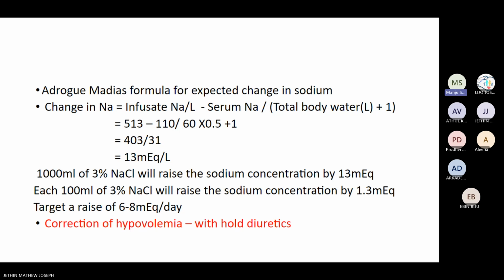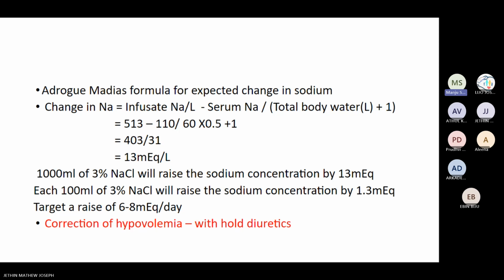We said she's dehydrated, so definitely we have to correct her hypovolemia. But this is again considering the fact that this is an elderly female with a history of coronary artery disease. So it doesn't mean that you're going to pump her with fluids, try to hydrate her. You'll have to do it cautiously, make sure that she doesn't go into fluid overload.